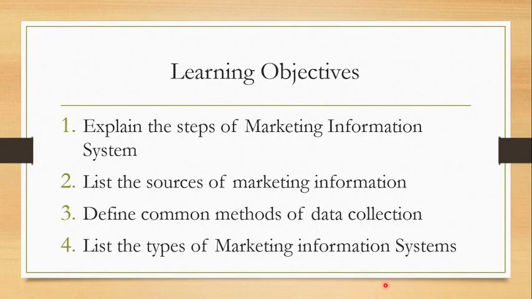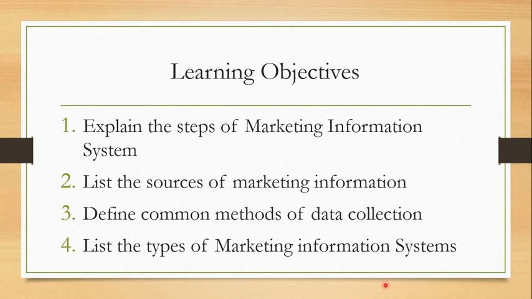The main learning objectives of this chapter will be related to explanation of marketing information system, the steps, how we can go for marketing information system, what are the steps related to marketing information system, that will be discussed.